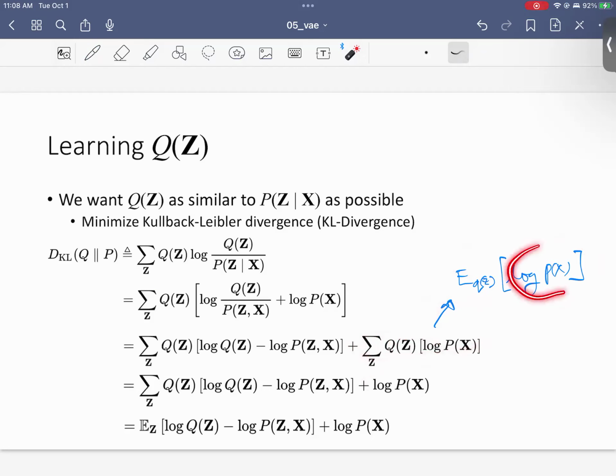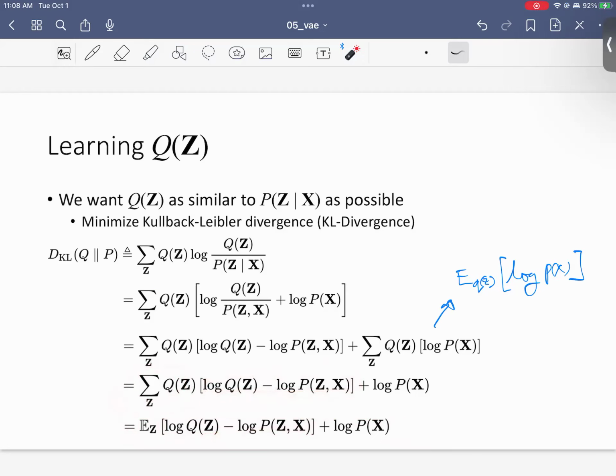Since the inside has nothing to do with Z, which we're averaging over, it's only about X, we can simply drop the expectation and have this instead. This part is exactly the same. And for the last part here, we just do an expectation again. We convert this into an expectation, and the inside is exactly the same.